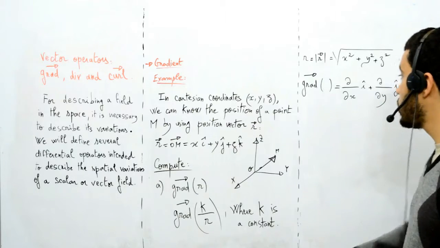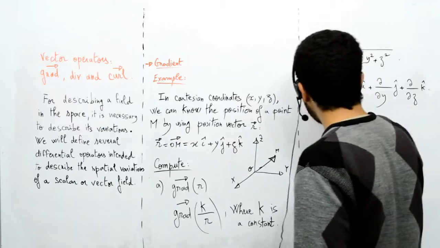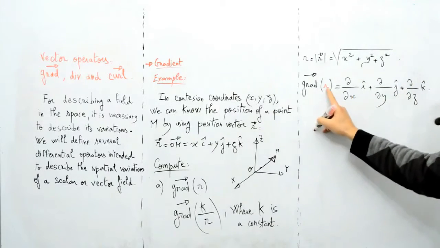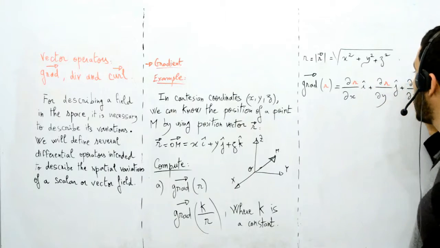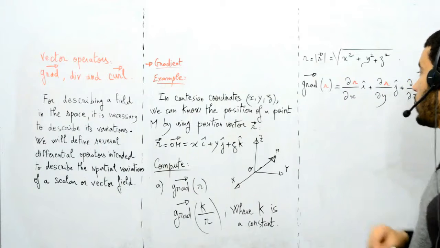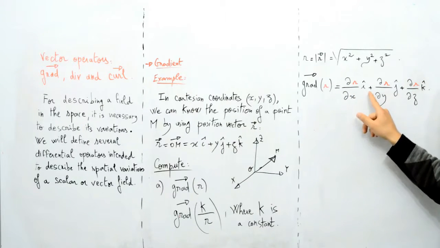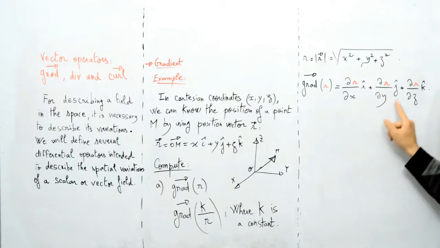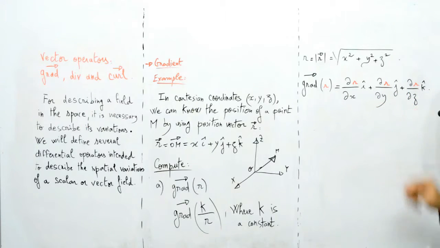And if I want, for example, grad of this r, so grad of r is exactly partial r over partial x i plus partial r over partial y j plus partial r over partial z k.